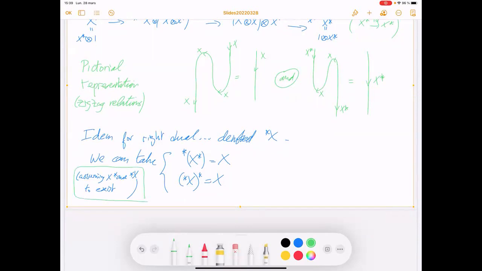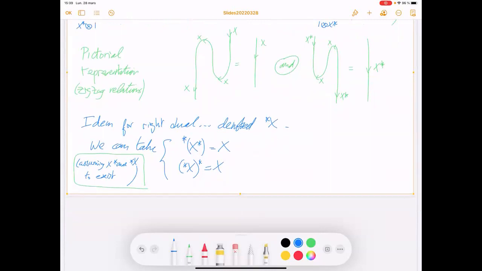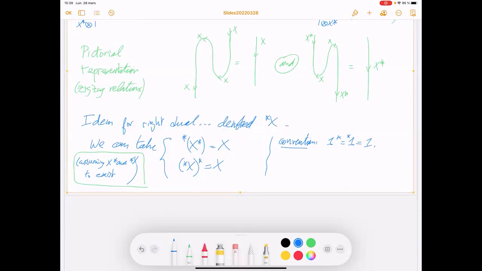Okay. So if it exists, you can just take like that. And by convention, also, the convention is to take, for the unit element, one itself for the left and right dual of the unit. Okay.